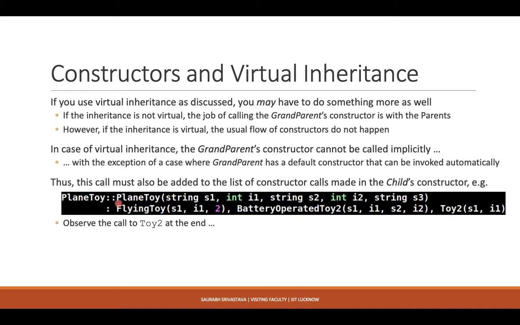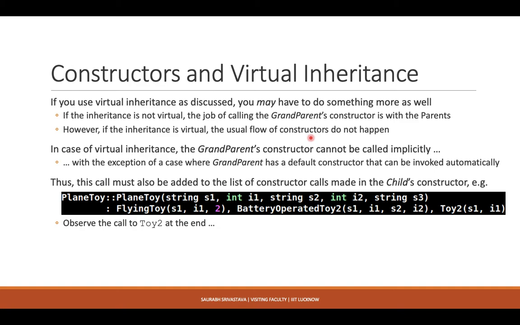Because you called the constructor to flying toy, and then implicitly the constructor from flying toy will also call the constructor to toy 2, and similarly when you call the constructor to battery operated toy 2, in a similar fashion, first the toy 2 constructor is called, and then the battery operated toy 2 constructor is called. Now here we really don't need that, right? Because we are only keeping a single copy of the variables from toy 2. So one way to do that is that the compiler calls the default constructor for toy 2, and then the things are done, you don't need to do anything.